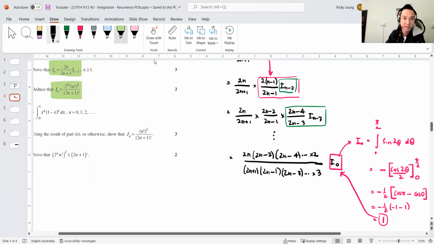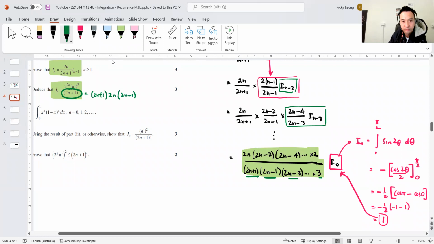So I'm hoping that this guy here and this guy here gives me exactly what this is. So now, big brain strats, as my 11-year-old son would say, this is what you do. If you look at the bottom, these are like odd numbers, aren't they? It's like 2n plus 1, 2 down, minus 1. So to get the full factorial of the bottom, the full factorial looks like 2n plus 1, then times 2n, and then 2n minus 1, and then 2n minus 2, and 2n minus 3.